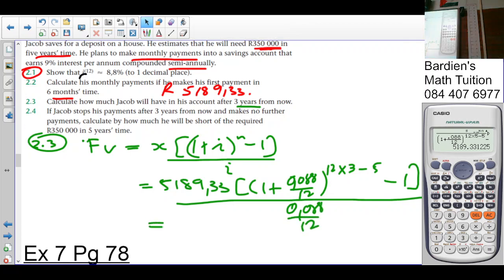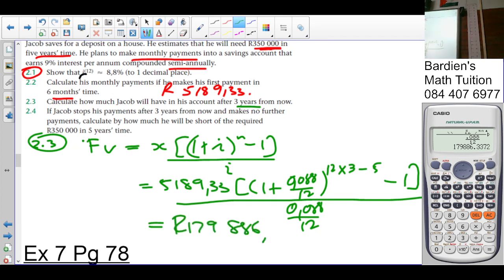Alright? So that is your answer: 5,189.33 into 1 plus 0,088 over 12 to the exponent 12 times 3 minus 5, minus 1, over 0,088 over 12. That gives you 179,886 rand and 34 cents.